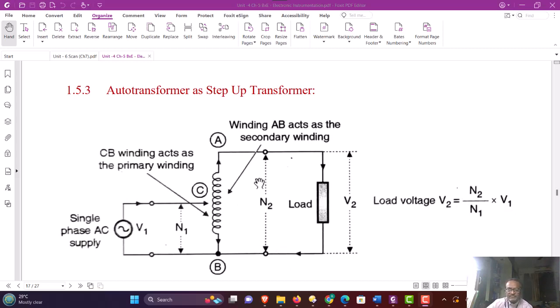Since V2 is greater than V1, we call this type of connection a step up connection of the auto transformer. The same auto transformer can be connected as a step down transformer or step up transformer, and this can be achieved by interchanging LV and HV windings.